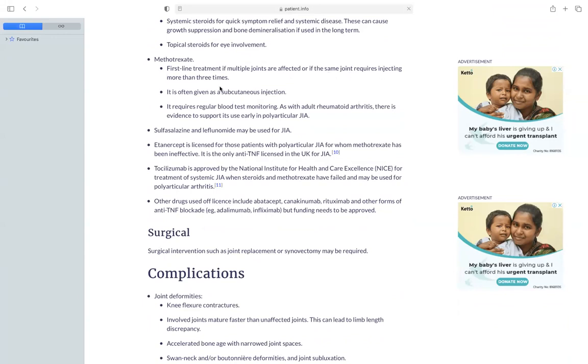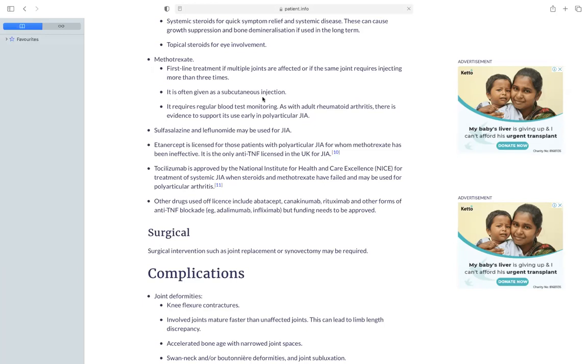If the same joint needs multiple steroid injections, you will go for methotrexate. And nowadays it is the first-line treatment if multiple joints are involved.